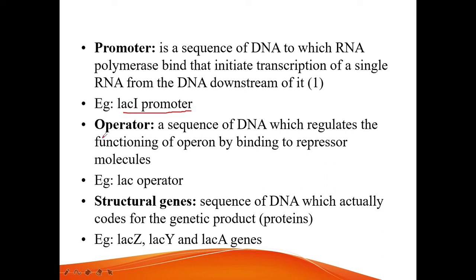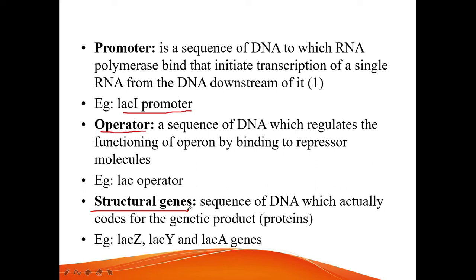Next we will go for the operator. What is an operator? Operators are a main regulatory region, a sequence where the repressor binds, and the repressor represses the transcription event. The example given here is the lac operator.